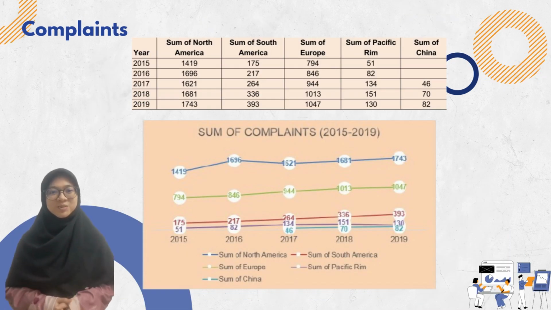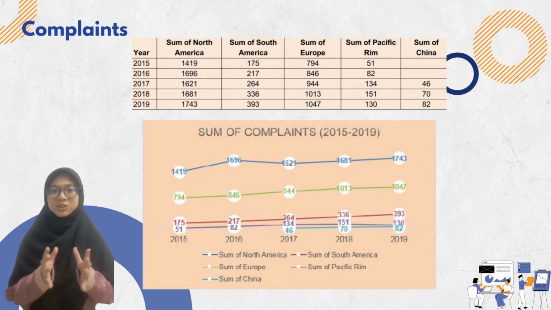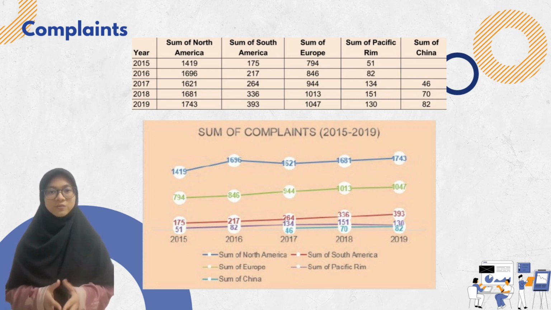Next, let's move to the data of complaints of performance loan equipment recorded for each year from 2015 to 2019 in North America, South America, the Pacific Rim, Europe, and China. For the database, we transform it into the sum of complaints for each year and country.